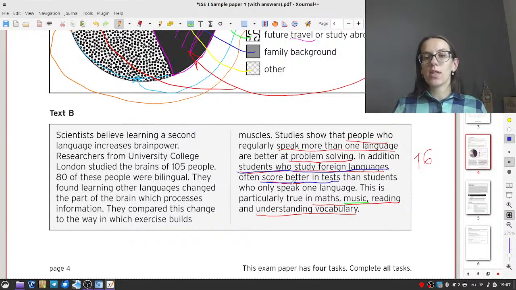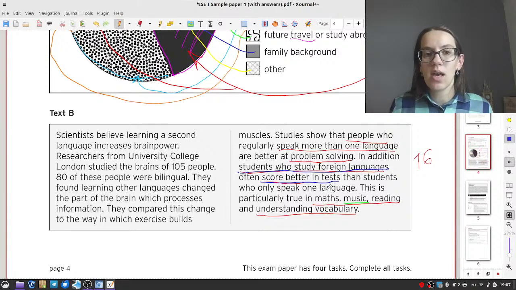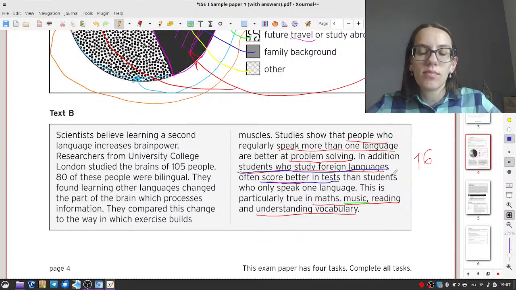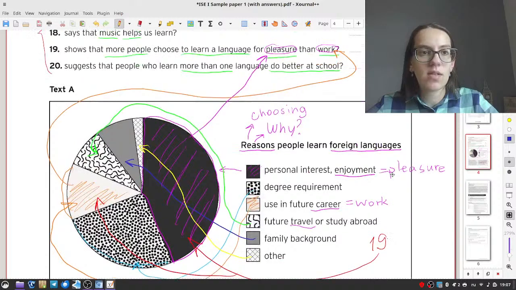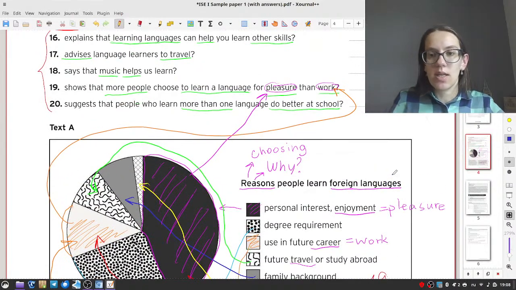So scoring better in tests actually means doing better at school, right? Scoring better means getting a higher score. So this is question 20.